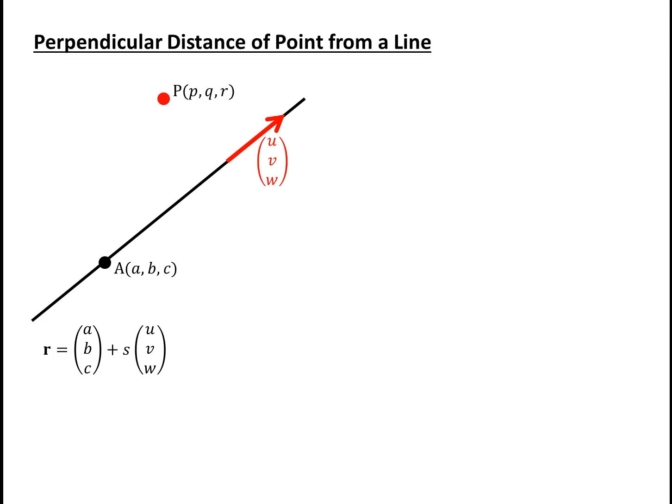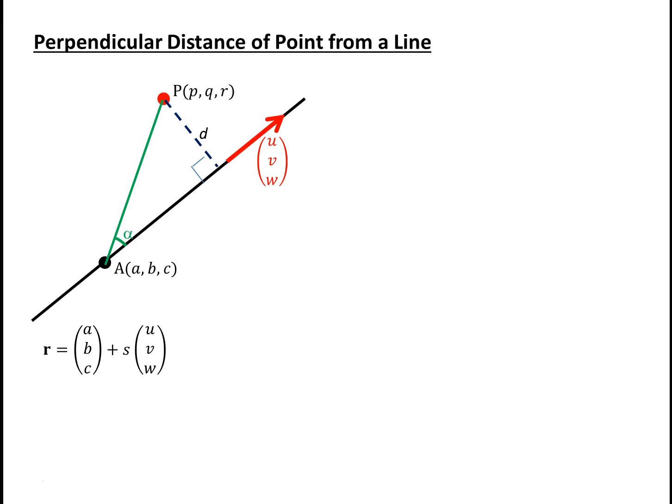Well, what we need to do is drop a perpendicular from P down to the line, and then we can set up a right-angled triangle consisting of A, the point P, and the foot of the perpendicular.